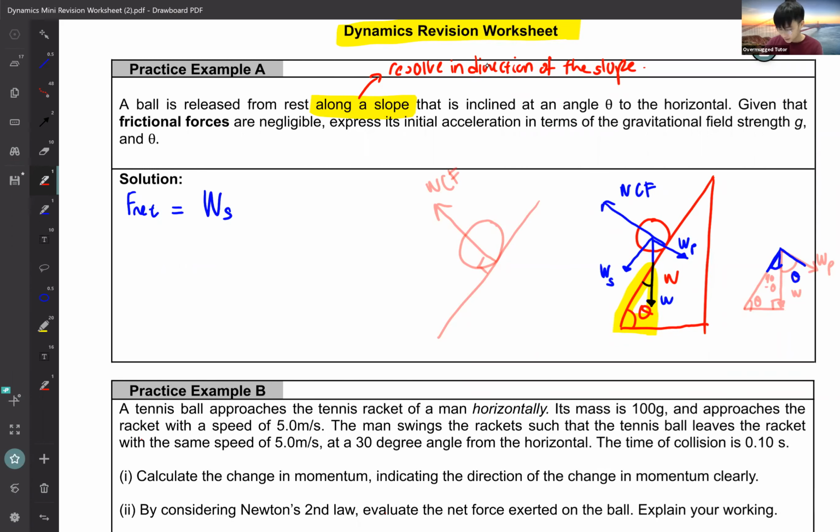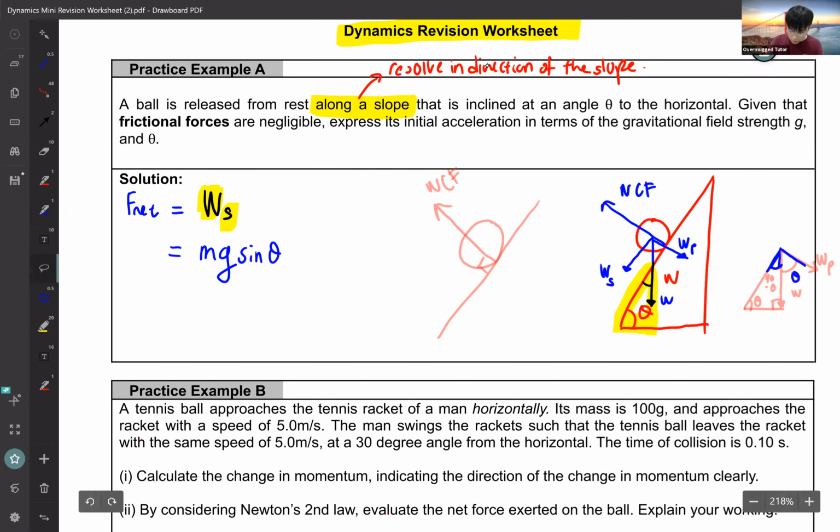So you get 0. Okay, so that's why the net force is just literally the component of weight parallel to the slope. And that's why I've written here W, which is weight, and just the component parallel to the slope. That's it. Okay, so what is this? This is going to be mass times gravitational field strength times sine theta.